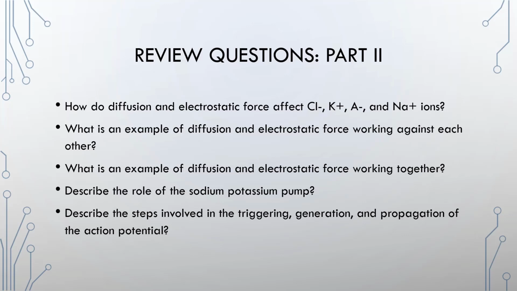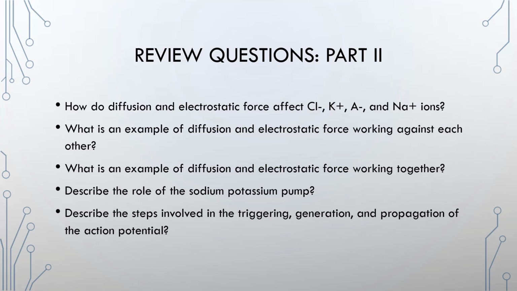This is very important in certain cases for exactly how the action potential fires. And that's kind of a very high level mastery question that might be worth thinking about: why would I be asking a question like this of when diffusion and electrostatic force are working against each other or together? So think through that action potential diagram and all the steps, I think 6 steps that we talked about.